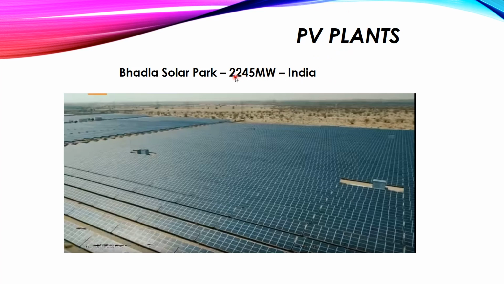This one is, for example, 2.2 gigawatt in India. You will find thousands of solar panels in the desert. All of these solar panels produce power nearly equal to 2.2 gigawatt, or 2200 megawatt.